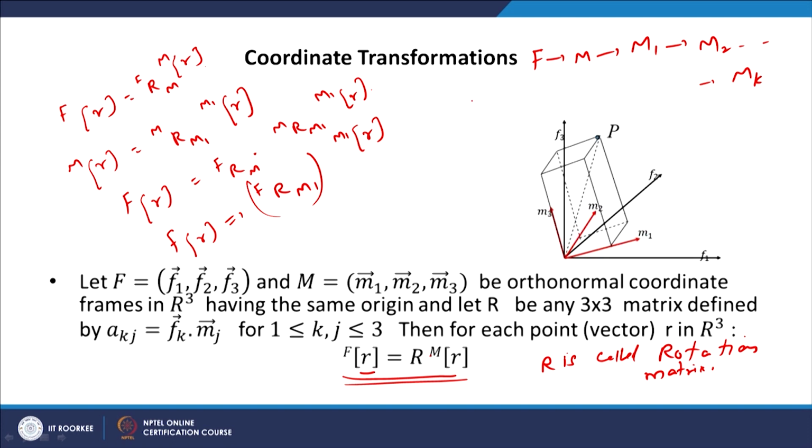Then the relation between F and Mk is given by F R M, M R M1, and so on up to Mk minus 1 R Mk. So, by successively multiplying on the right hand side we get the relation. This is for the rotation with respect to the current frame.